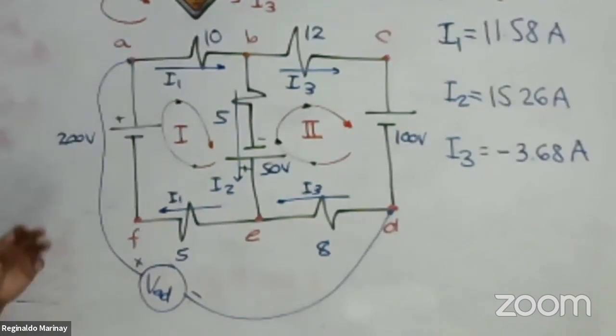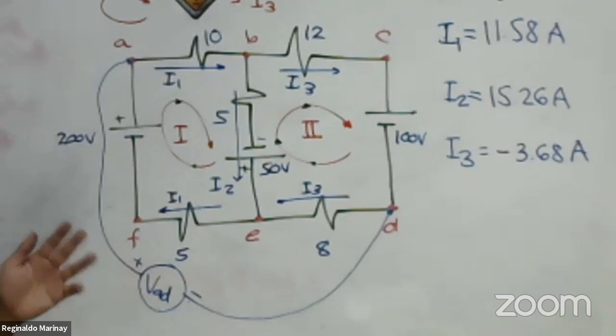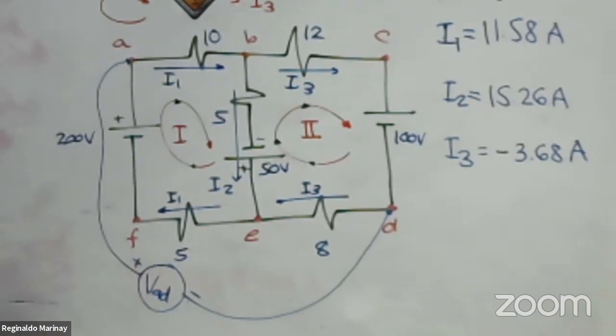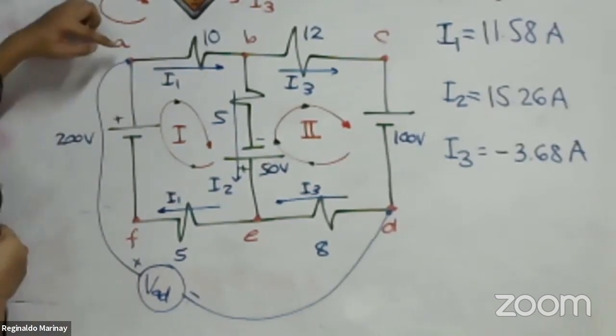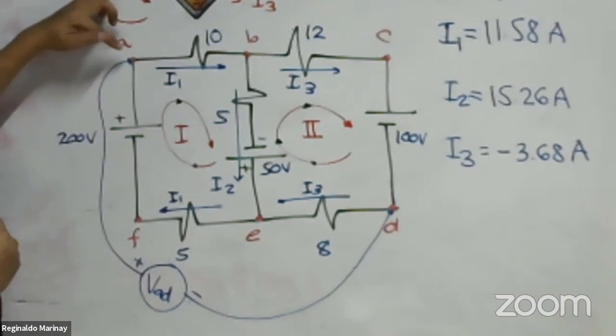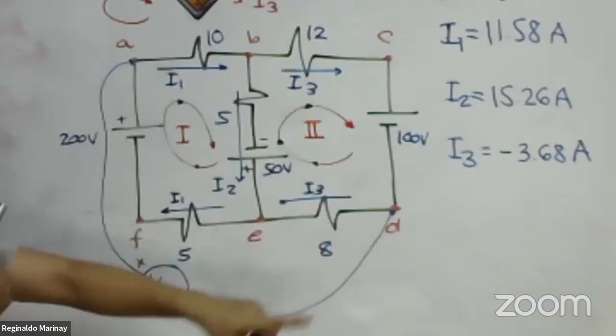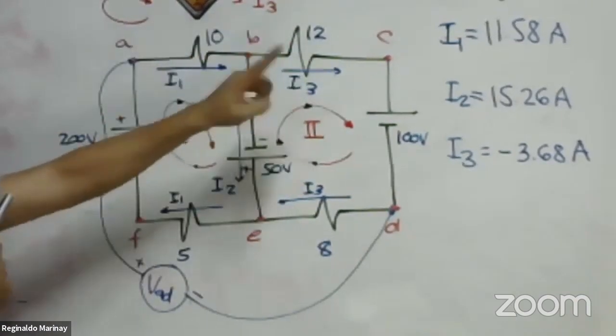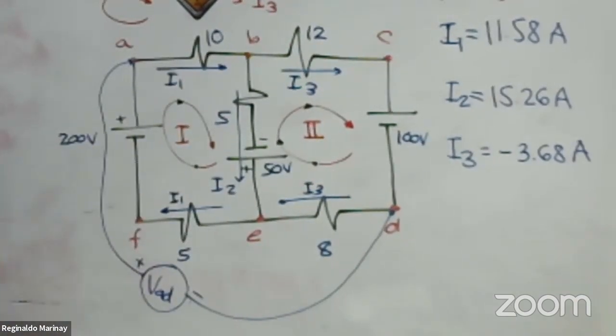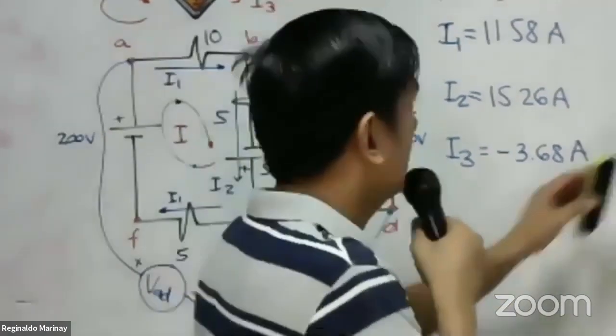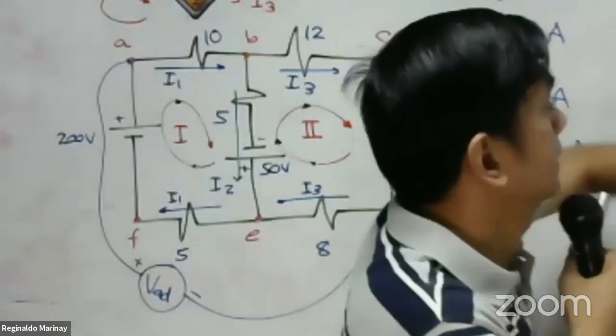We have to consider a certain loop, and we'll be using Kirchhoff's voltage law. Take a look here. We can consider A, B, C, D, and of course the voltmeter. Let's do it. I will put it here.